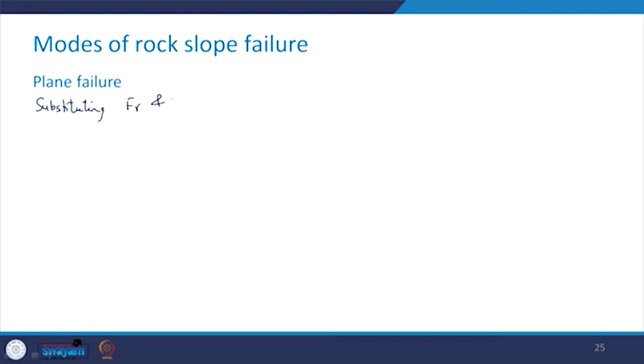What was this equation number 1? That is Fs was equal to Fr upon Fi.